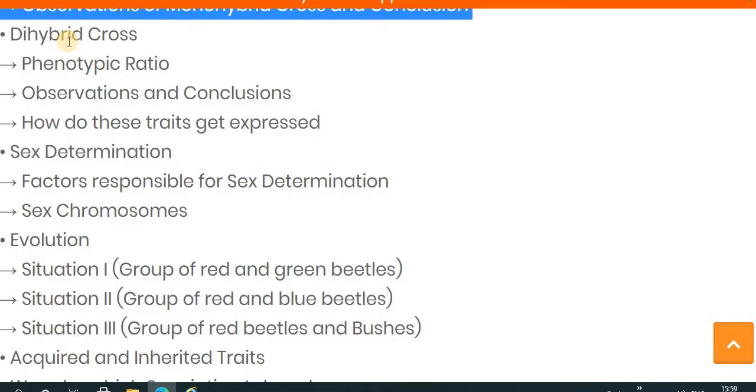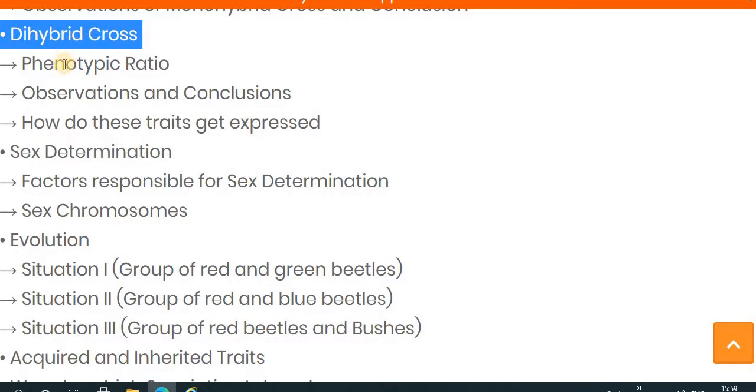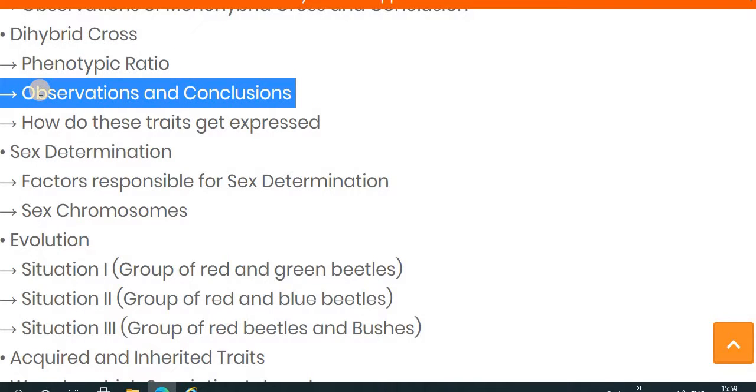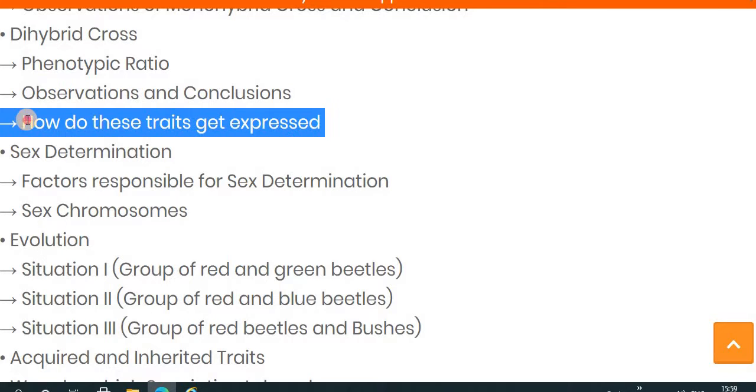Then the dihybrid cross, in which we will study the phenotypic ratio, the observation and conclusion part, and how these traits, meaning characteristics, get expressed in the next generation.